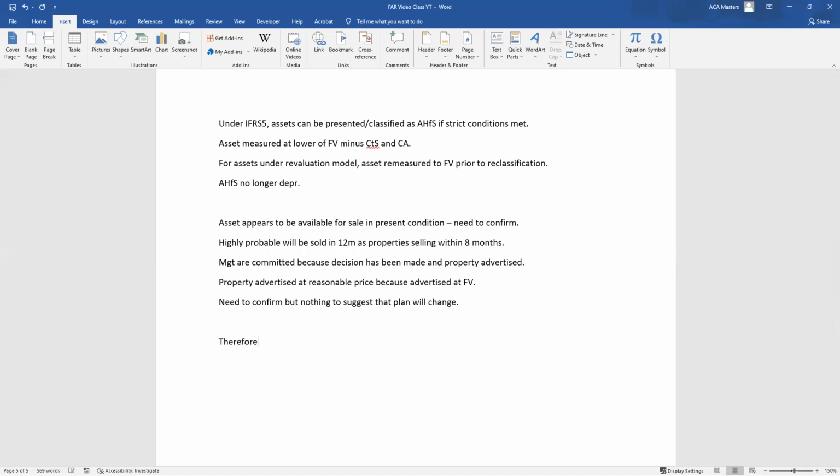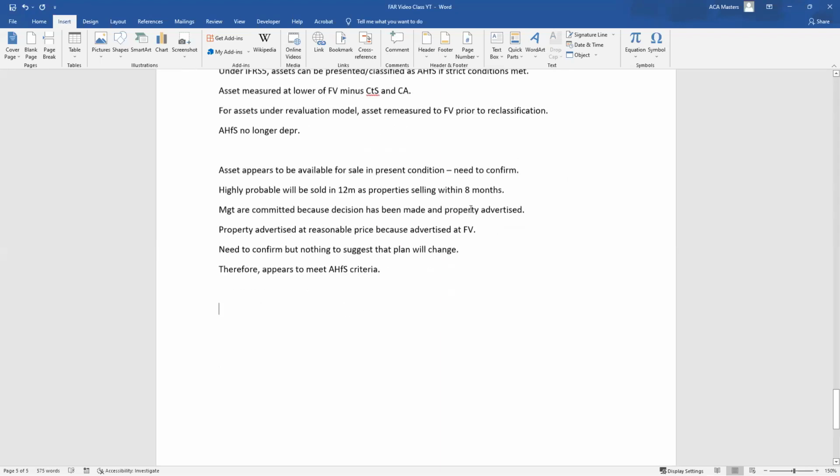So you could say, therefore appears to meet, or we could just say appears, because some of the less specific areas just need to confirm. Therefore appears to meet asset held for sale criteria.